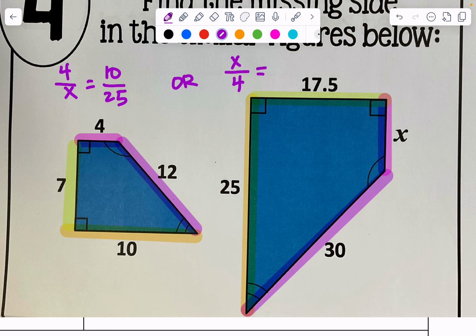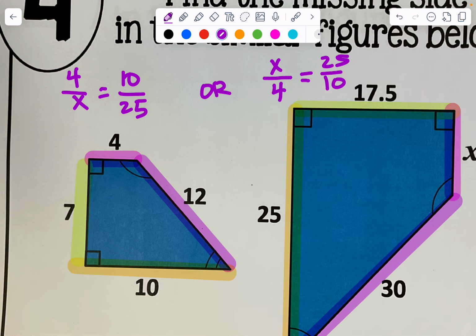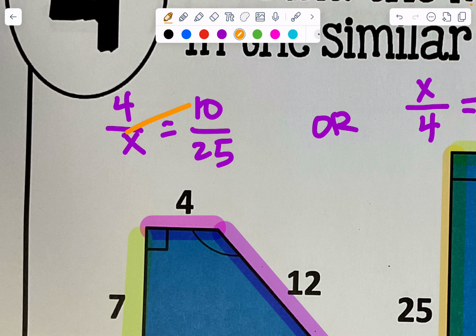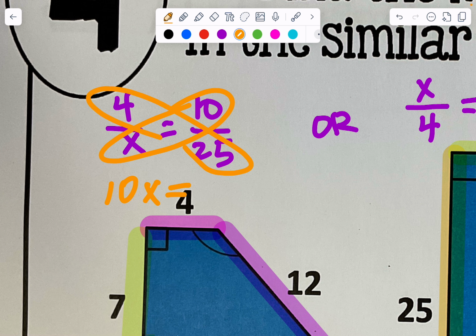If you did the big quadrilateral first, X over 4, then we could have taken 25 over 10, or 17.5 over 7, or 30 over 12. No matter what you do, we should get the same answer. So X times 10 equals 25 times 4. So when we divide by 10, we get X equals 10.